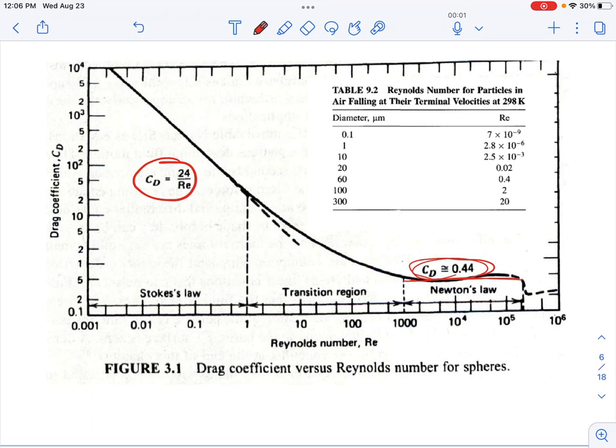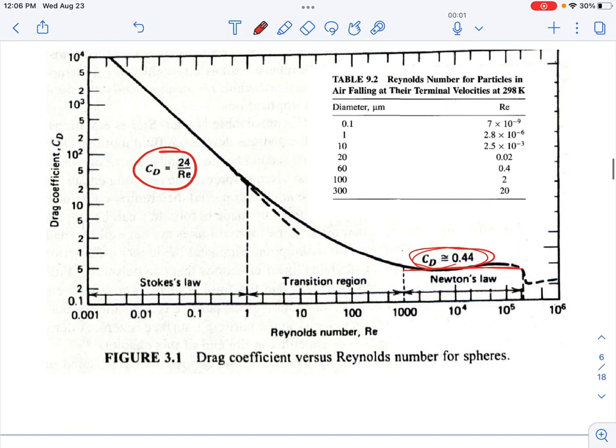They were using larger objects and a relatively higher speed, so they observed a relatively constant value of the drag coefficient. But when you get to smaller particle sizes, it's a strong function of the Reynolds number. For the scope of this class, we're just going to consider the Stokes regime, where the drag force equals 3 pi mu dp multiplied by VR.